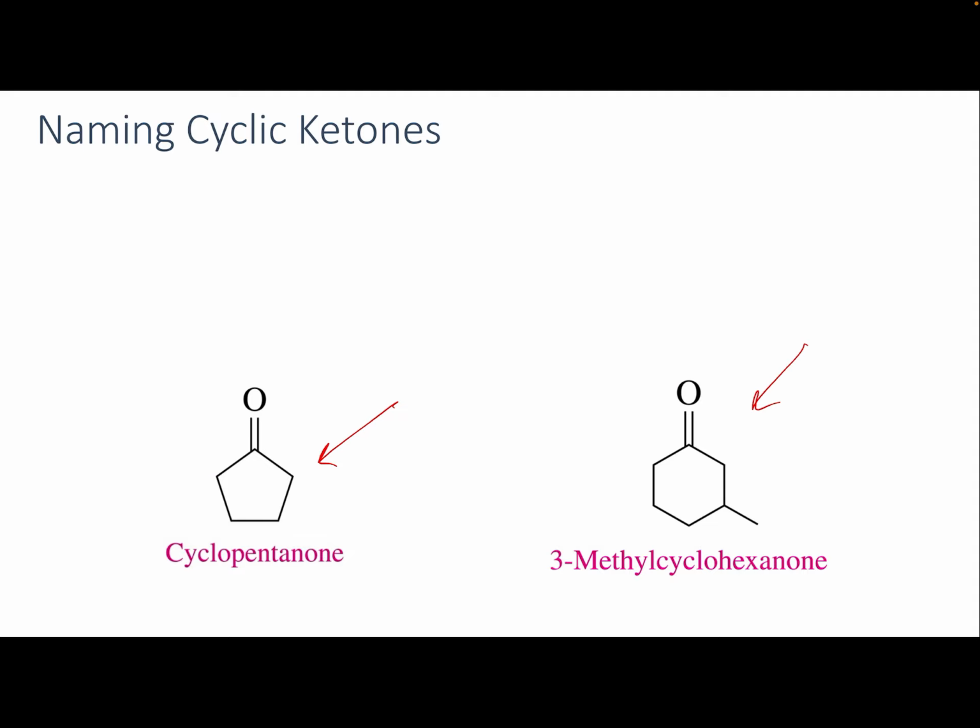Here we have 6 carbons, so cyclohexanone. Numbering 1, 2, 3 gets us to the methyl. Numbering 1, 2, 3, 4, 5 in the wrong direction also gets us to the methyl. So 5-methylcyclohexanone or 3-methylcyclohexanone. The 3 is better.